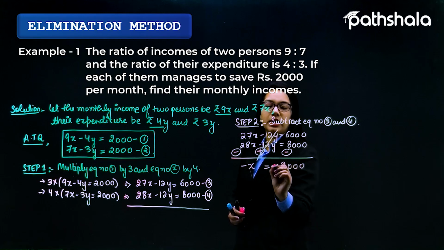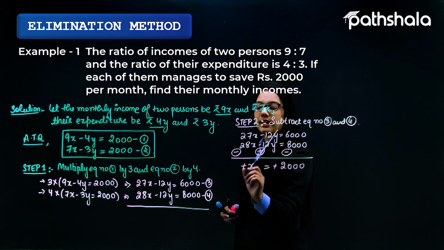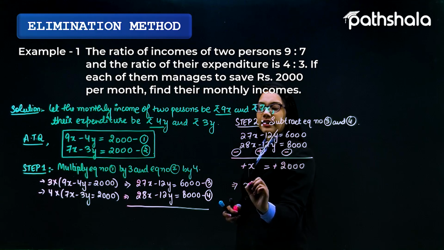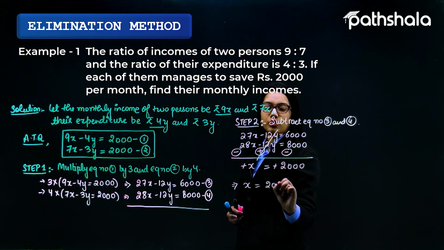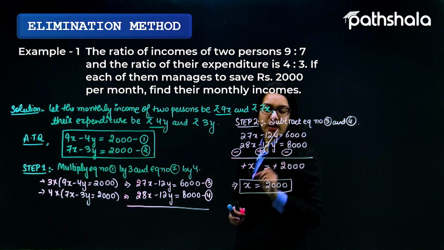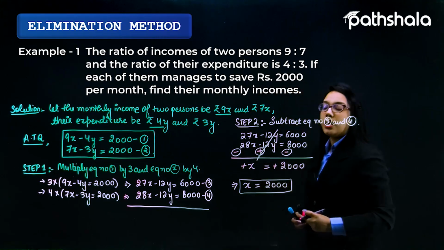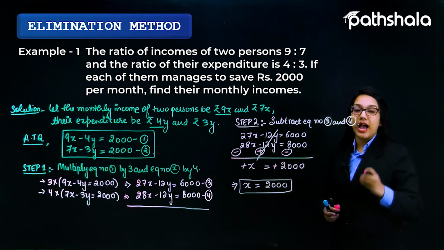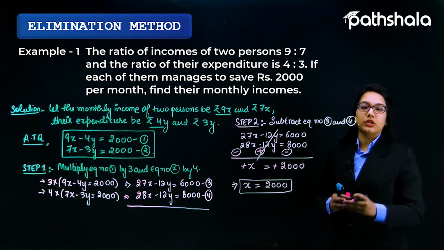So negative and negative get cancelled with each other, and we are getting x as nothing but 2000. So this is the very first value that we are getting. The value of x is 2000.